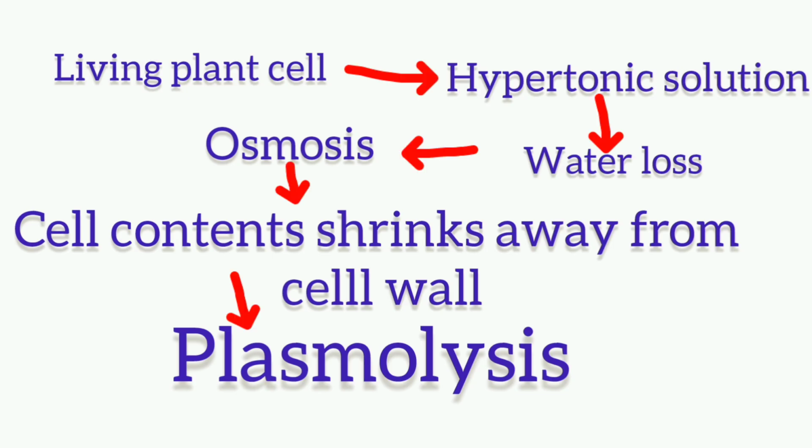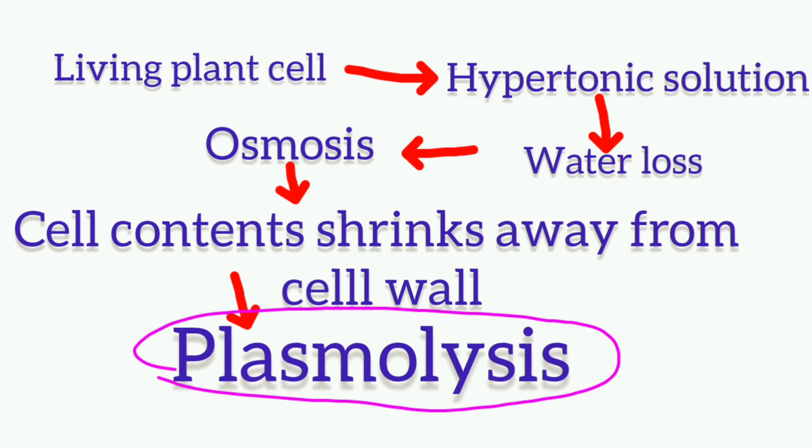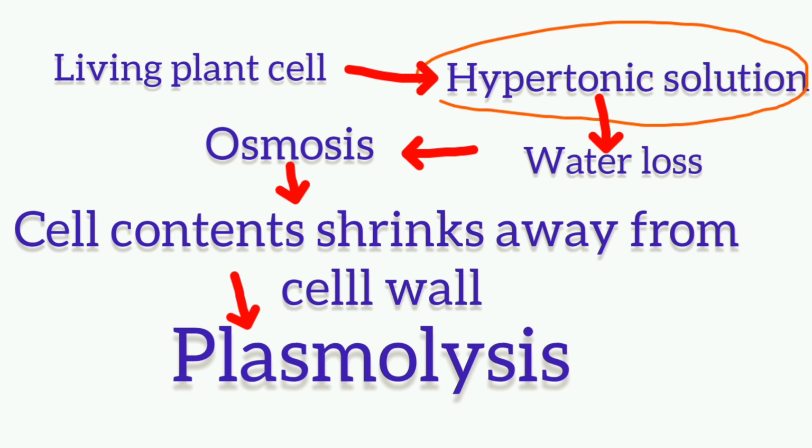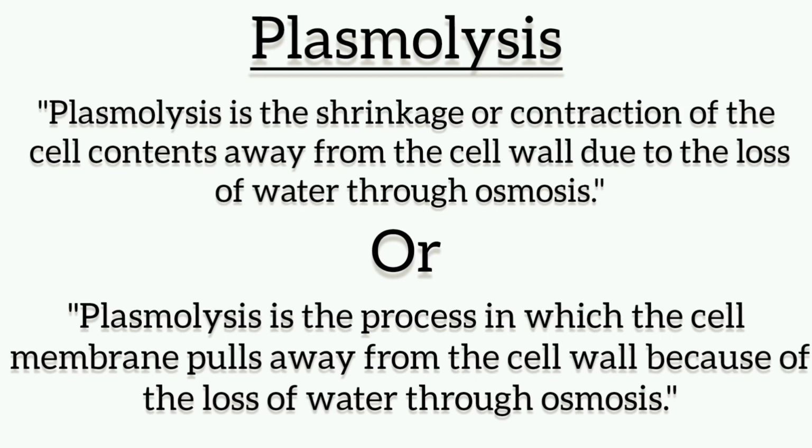When a living plant cell loses water through osmosis, there is shrinkage or contraction of the contents of the cell away from the cell wall, and this phenomenon is known as plasmolysis. Then why does the cell lose water through osmosis? Because it is placed in a hypertonic solution, so it loses water. That is, if we place a living cell in a hypertonic solution, what happens?